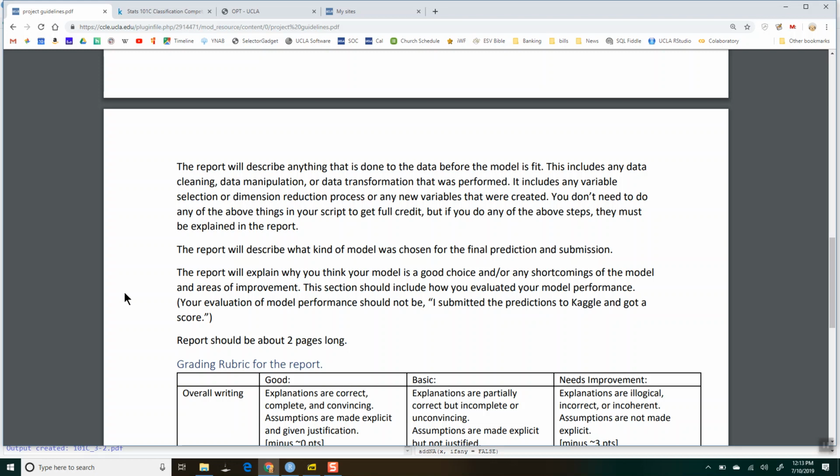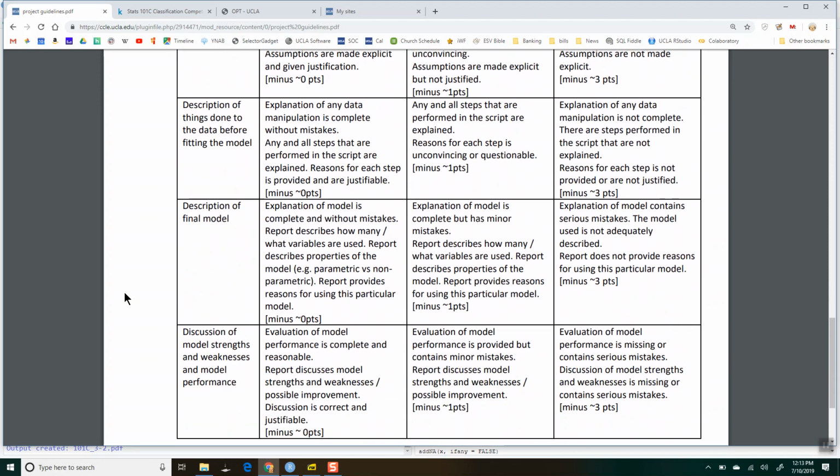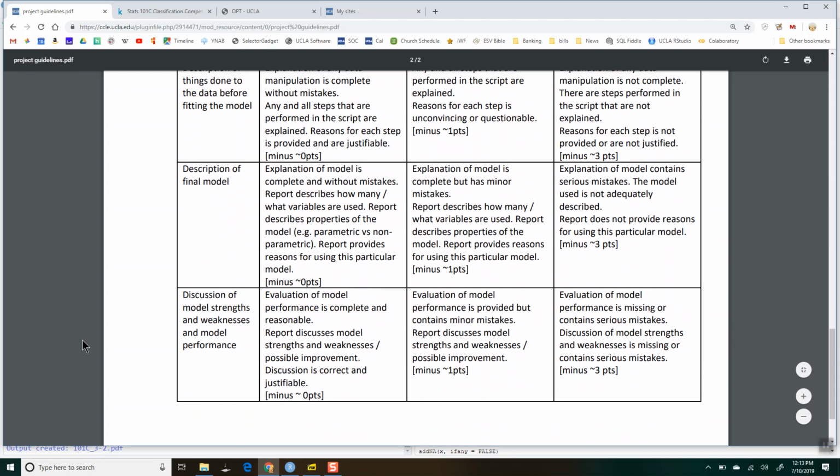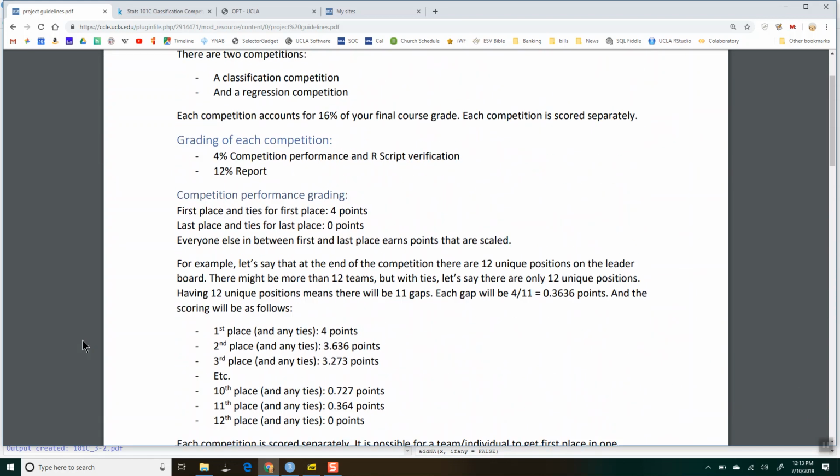So you need to talk about anything you did to the data before you fit the model, then talk about the model that you fit and any things about it, and the last part will be why you think your model is good or bad, and ways to improve it. Okay, shouldn't be too hard. I tried to make a rubric to explain how the grading on this portion will work.